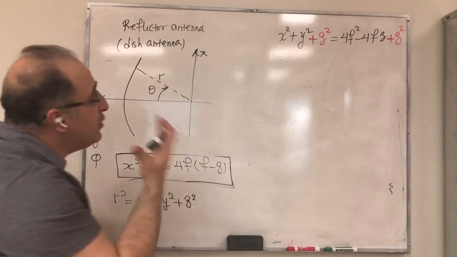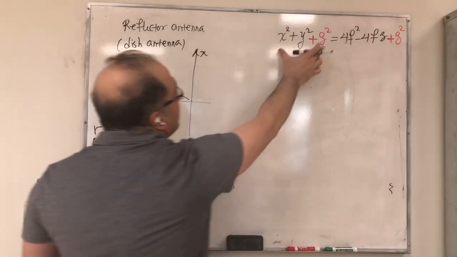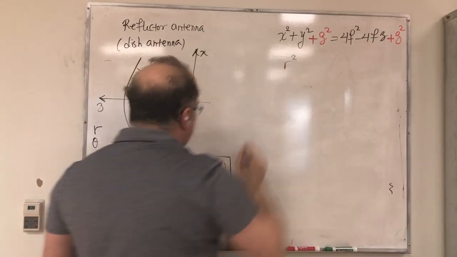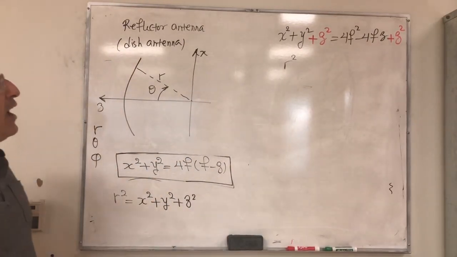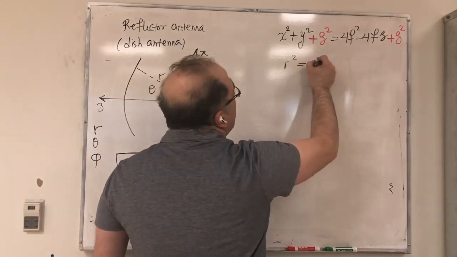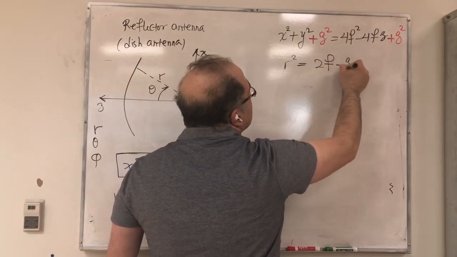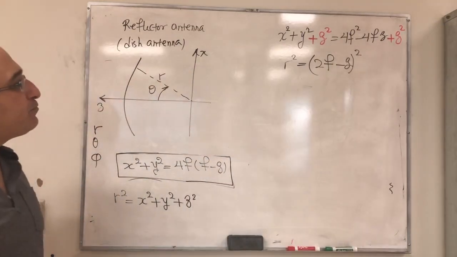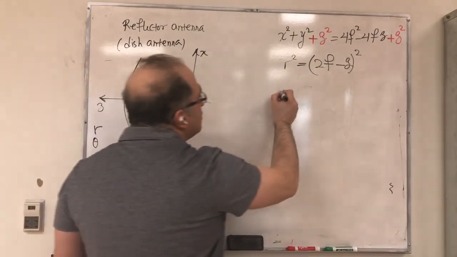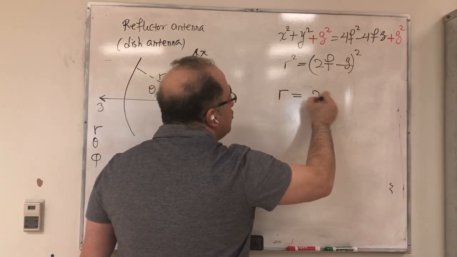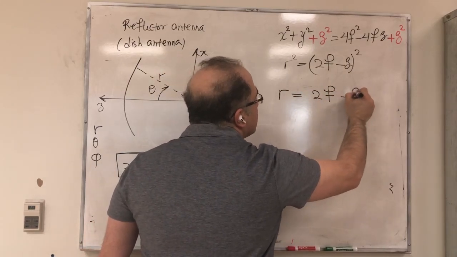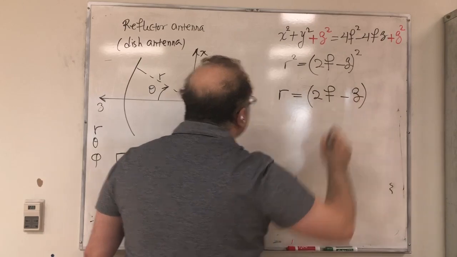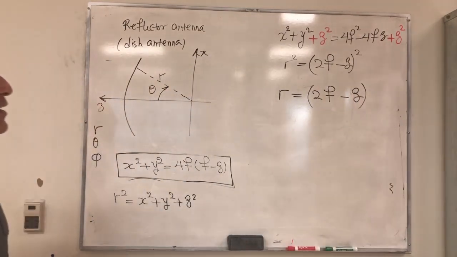So now if you look at this, you know that this is essentially your r squared. And you can simplify the right side by saying (2f minus z) squared. You take the square root, and r becomes 2f minus z. That's going to become my r.